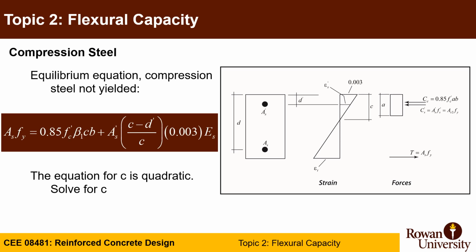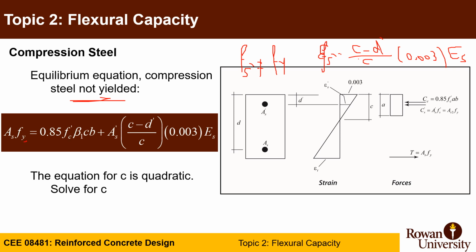If it's not yielded, you cannot use the assumption that fs' is equal to fy. It's not valid anymore. So we can take the equation that we just developed for epsilon s', (c minus d') divided by c times 0.003, and multiply it by Es, the modulus of elasticity, which gives you fs'.